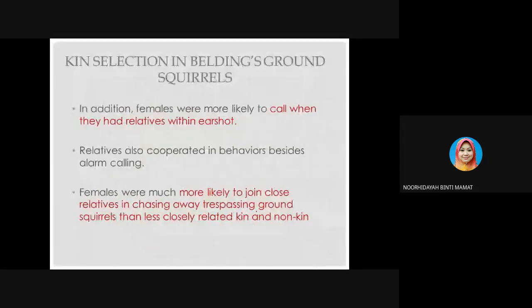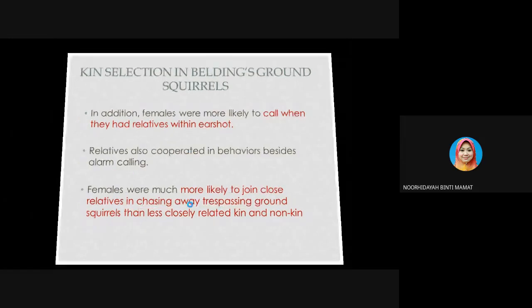In addition, females are more likely to call when they have relatives within earshot. Relatives also cooperate in behaviors besides alarm calls. Females were much more likely to join close relatives in chasing away trespassing ground squirrels than less closely related kin and non-kin. So the kin, or relatives, also help the female that gives the alarm call by chasing away the predator.